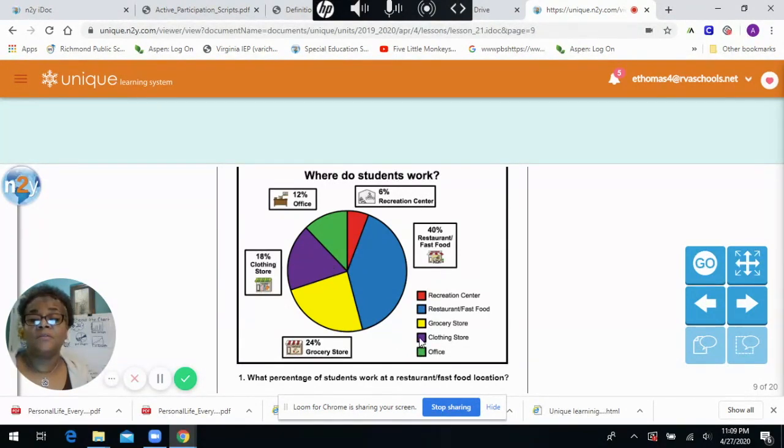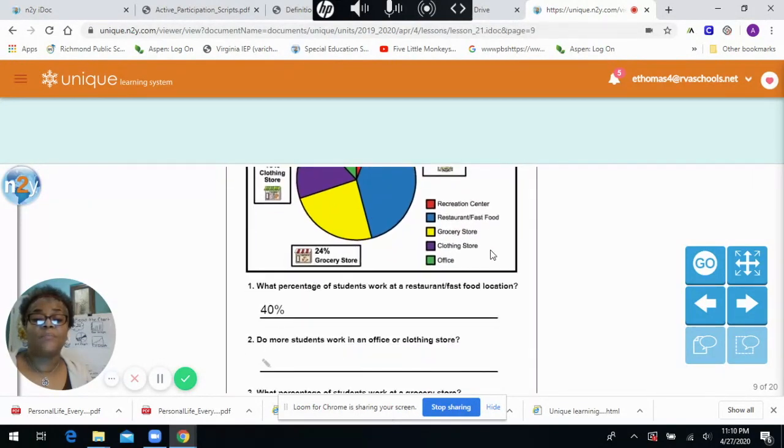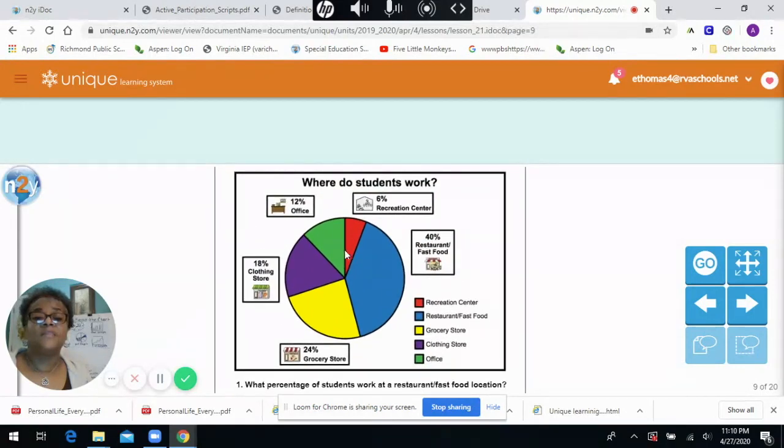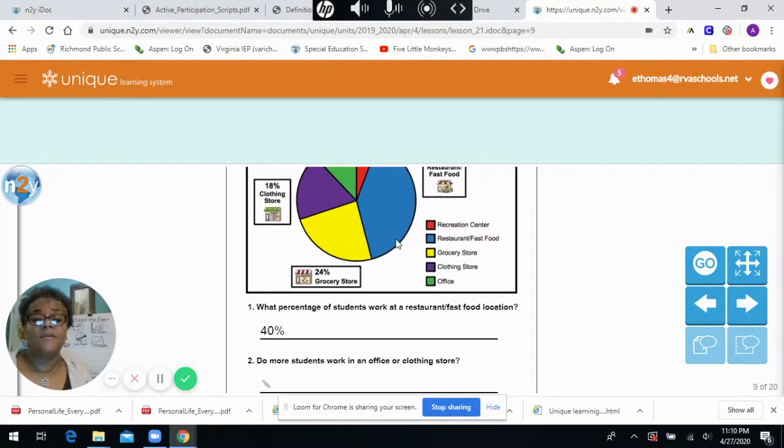And the clothing store is a bigger piece, and that's 18%. The office is 12%.